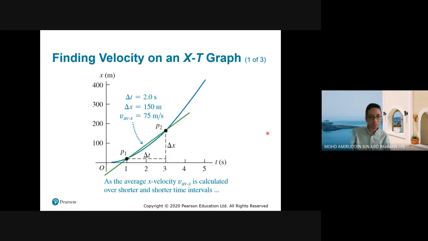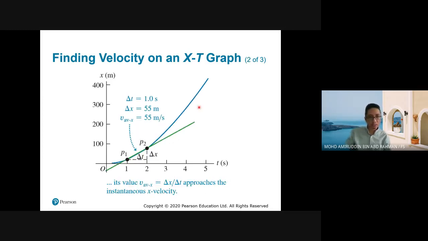Before this, instantaneous velocity, as I said, we also calculated in terms of the average. But let's say we are looking at a specific point. Right now, we have delta t equal to only 1 second. And then the delta x, the difference between x1 and x2, is only 55 meters.